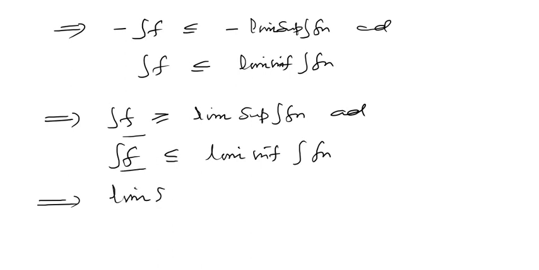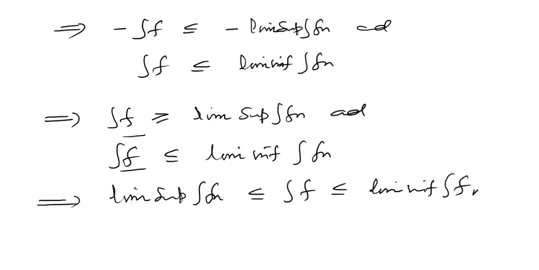So the limit superior of the integral of fn is less or equal to the integral of f, okay, and that's less or equal to the limit inferior of the integral of fn. But the limit inferior is always less or equal to the limit superior, right? So you can name this 1.